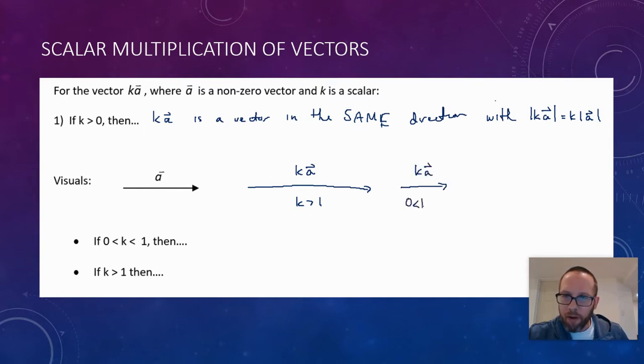If k is positive, but k is between 0 and 1, you're going to get a vector that's just a fraction or proportion, a percentage of its original magnitude. But it'll be in the same direction if k is positive. And just to get that into words, if k is between 0 and 1, the magnitude decreases. So you're kind of scaling down the vector. And if k is bigger than 1, the magnitude increases.